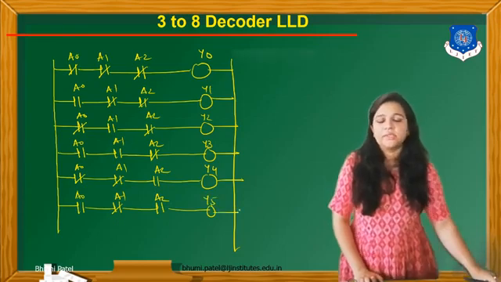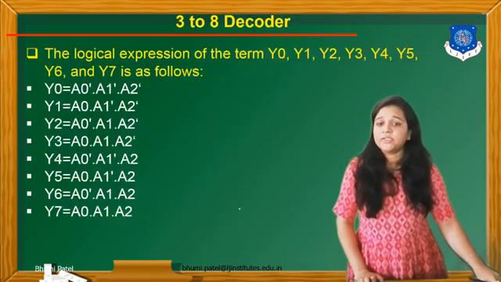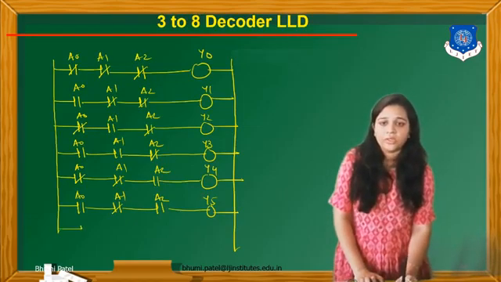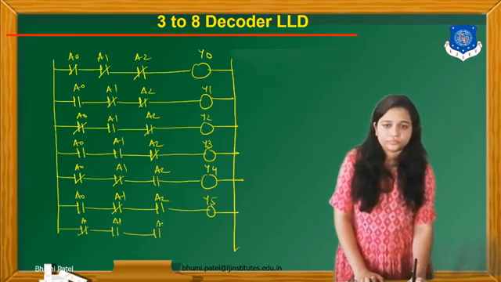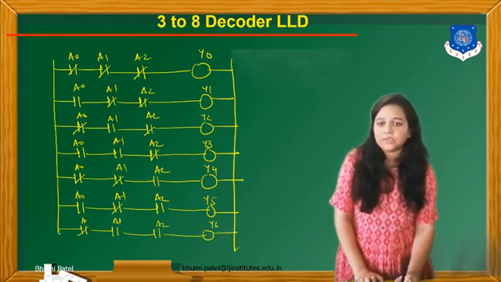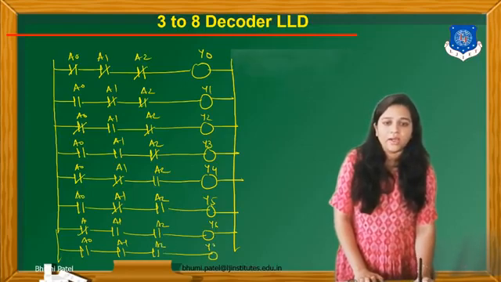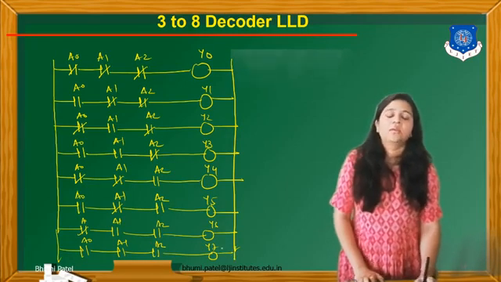What is Y6? Y6 is A0 dash, A1, A2. This is my Y6 output, and the last output is when all the inputs are high, so we put normally open contacts A0, A1 and A2, and this is my Y7 output.